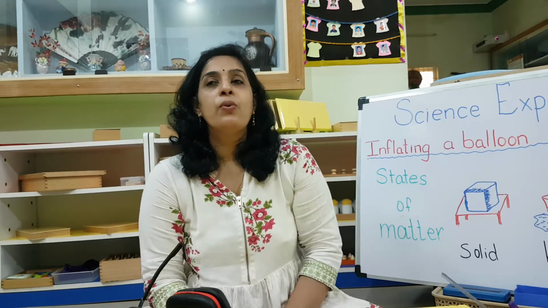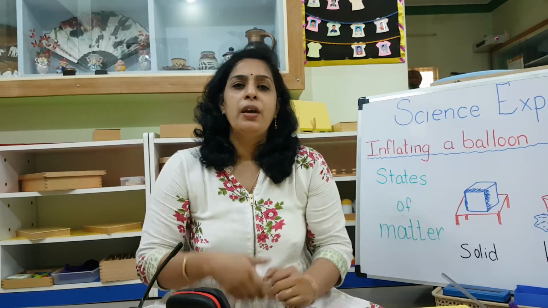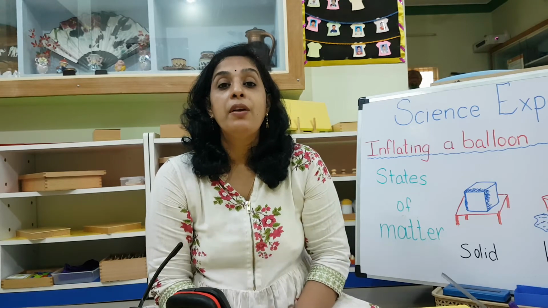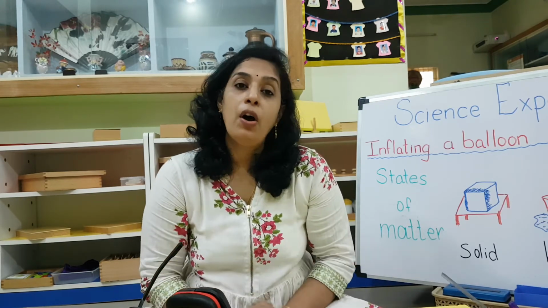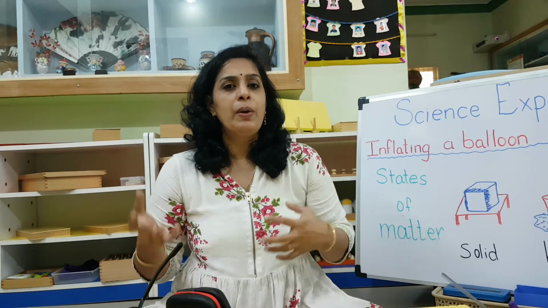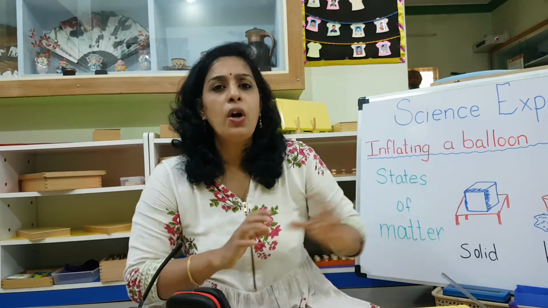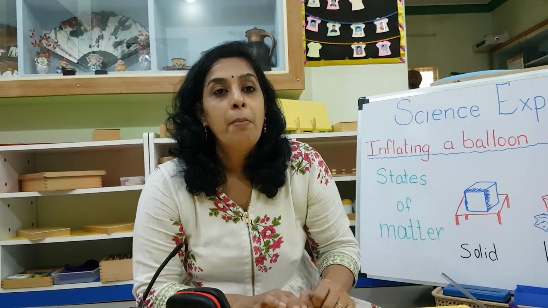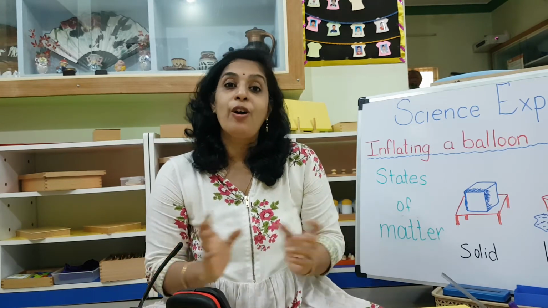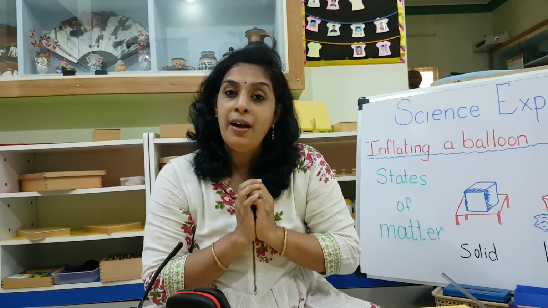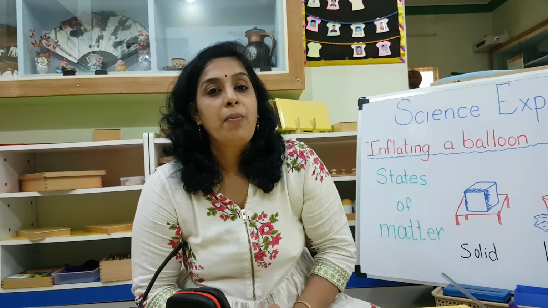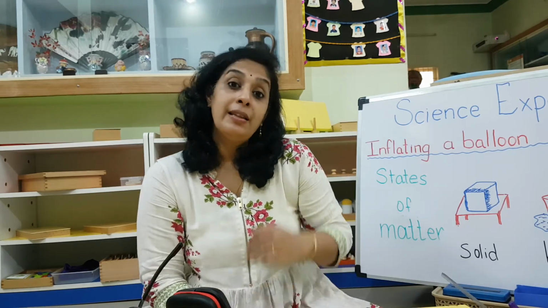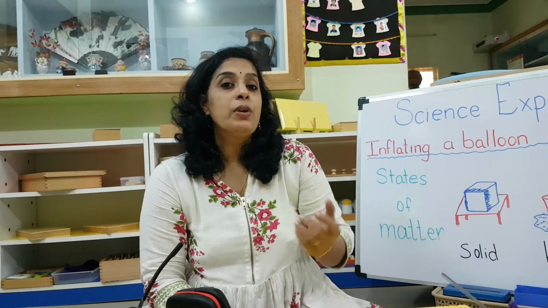So the first son went and got a lot of cotton. In their farm they have a lot of cotton, so he brought the cottons quickly and started filling the room with cotton balls. But after 15 minutes he was not able to fill even a quarter of the room. It was still left.